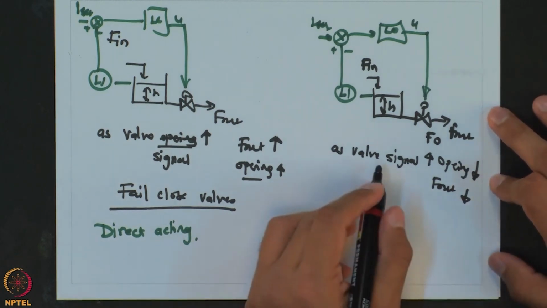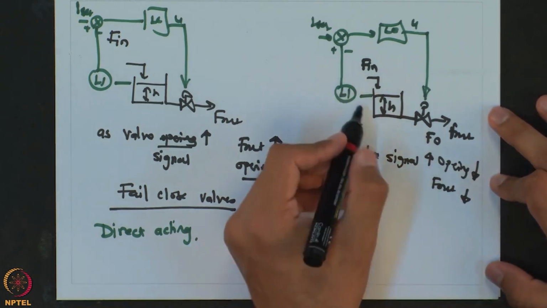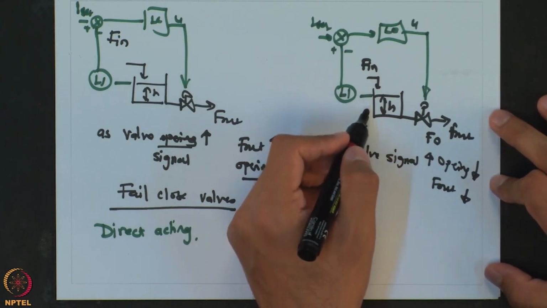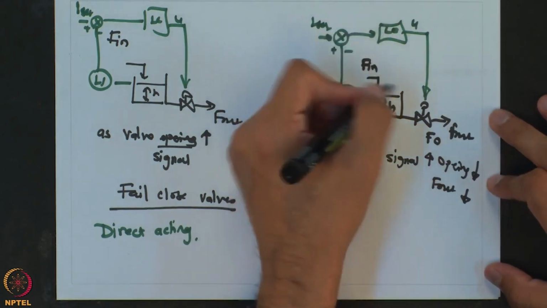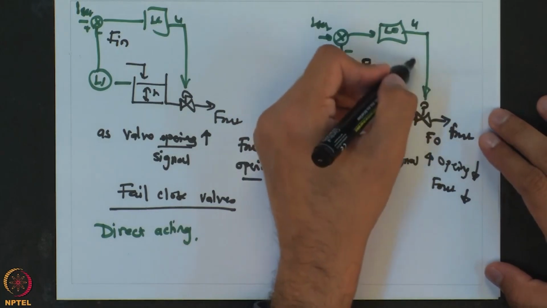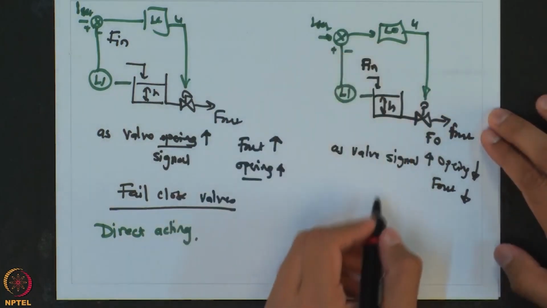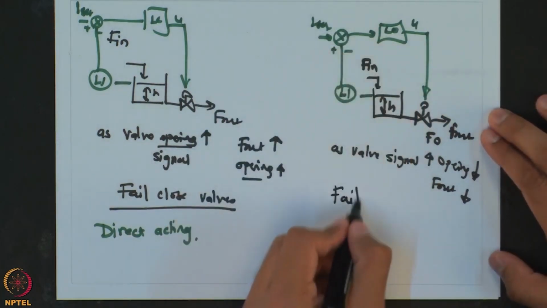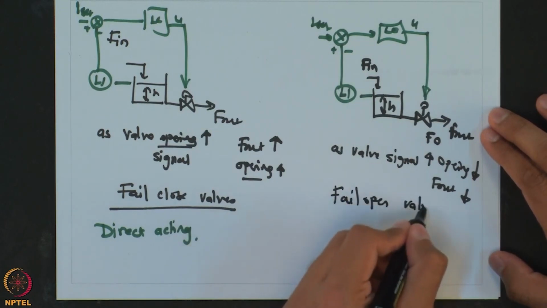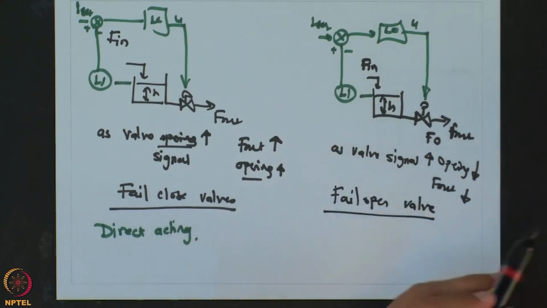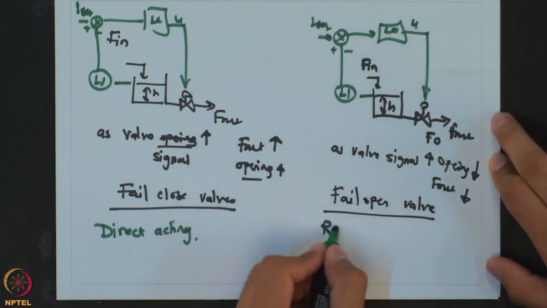So, if you try to find out what happens when the height increases, you will realize that in order to increase F out, the controller signal will have to reduce, and because of that, if it is a fail open valve, then the same feedback control system would be reverse acting.